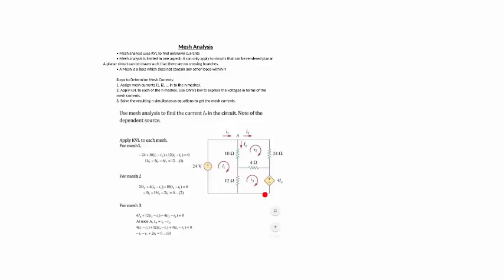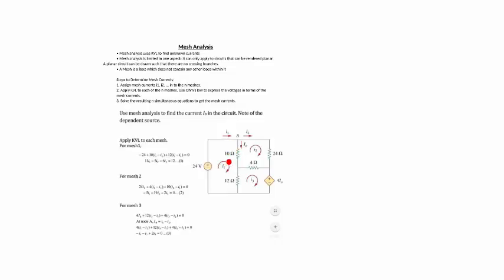So let's look at this example. Now let's look at mesh 1. This is my mesh 1, mesh 2 and mesh 3. So that's I1, I2, I3. For my mesh 1, it is minus 24 volt if you're going from this side. So minus 24 volt. And then now it's going to this 10 ohm resistor.